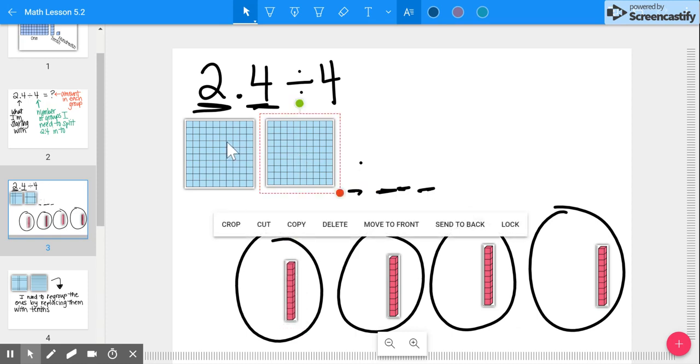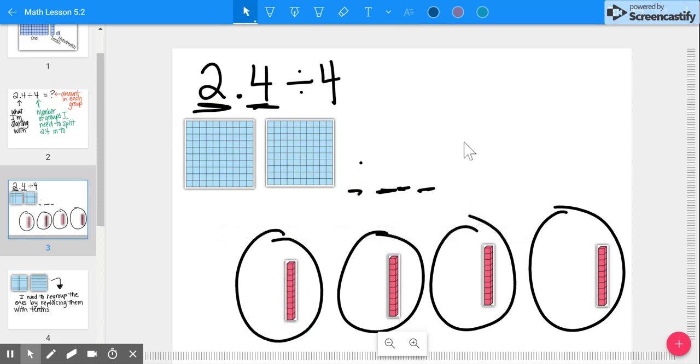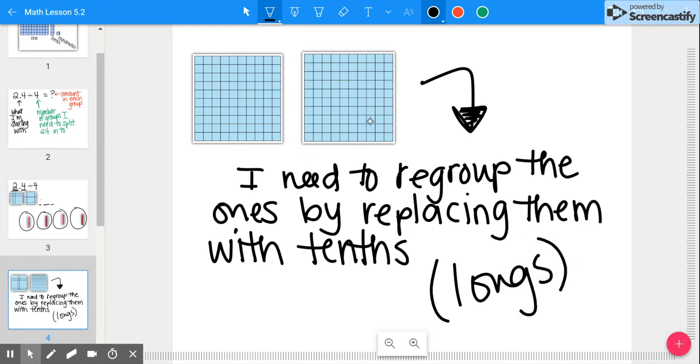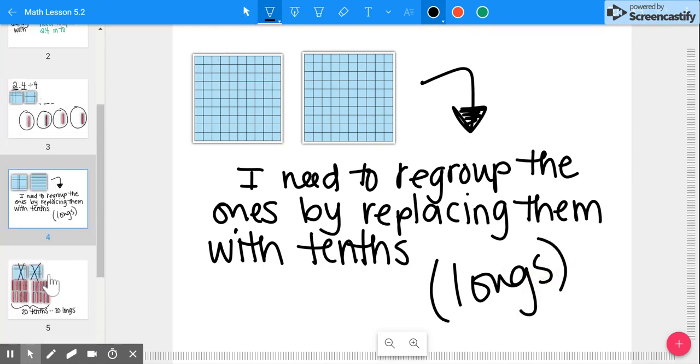But I can't equally put these flats into each group. I don't have 4 flats. So I need to now regroup my flats by replacing them with tenths, which we know would be our longs.